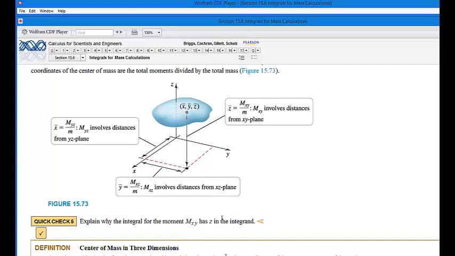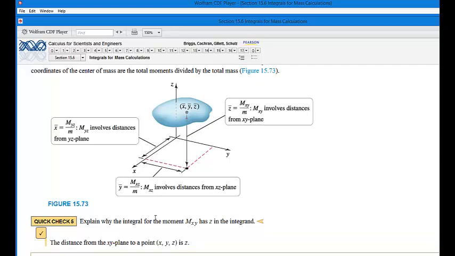Exactly. How far in the z direction did we move from this point to there? Well, that's your z coordinate, right? The distance from the xy plane to whatever point you're talking about is z. So again, mass times distance gives me the balancing point.